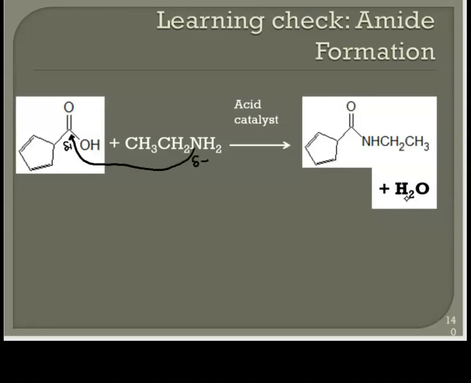That's going to come into there. These electrons are going to pop onto that hydrogen, and one of these are going to be used to form that water molecule. So that's why we only end up with NH, and then that methyl ethyl group is on the other side there.